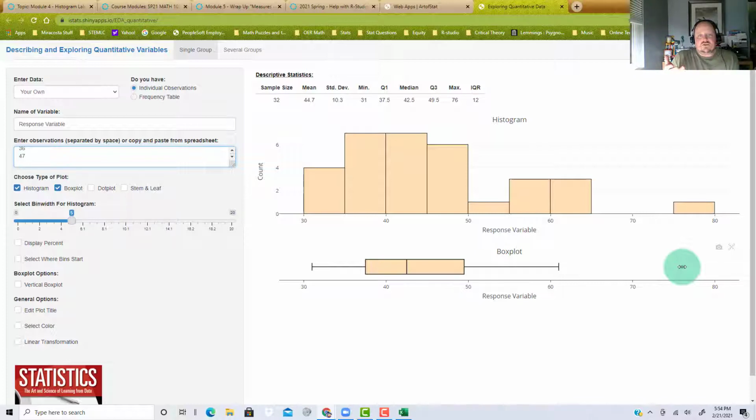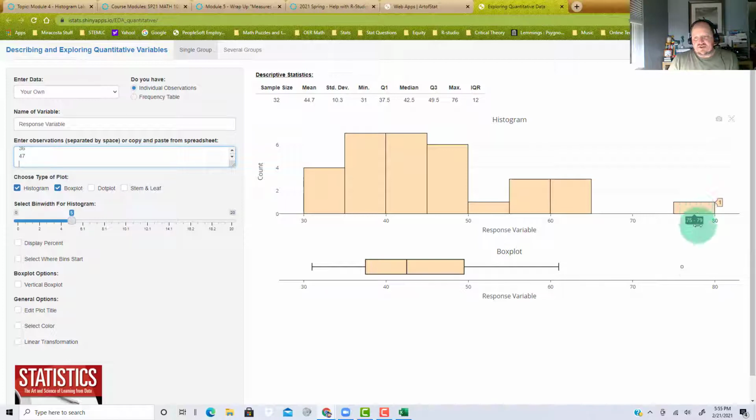That also makes you think that the mean value is one that can be skewed up or down based on really high or really low values. So when we're thinking about which average to use, if you see some outliers, then it's probably best to use the median instead of the mean.